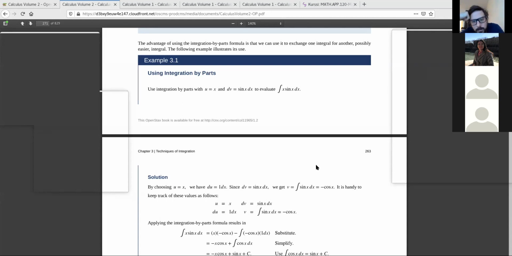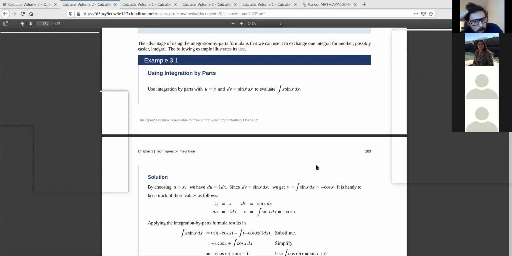u(x) equals x. And then this v, we consider sine of x as the derivative of something.